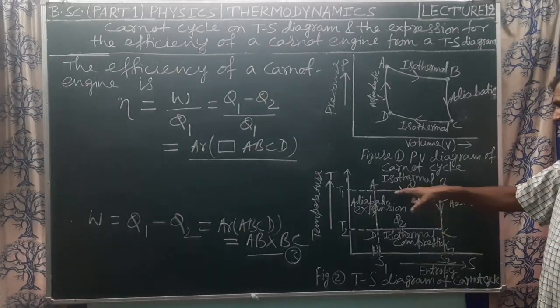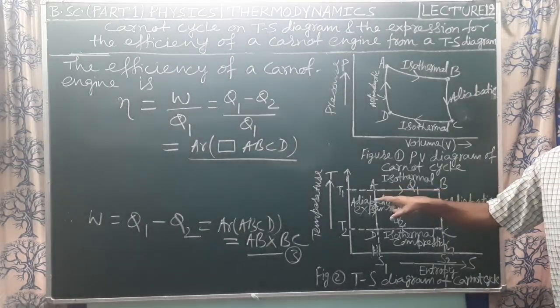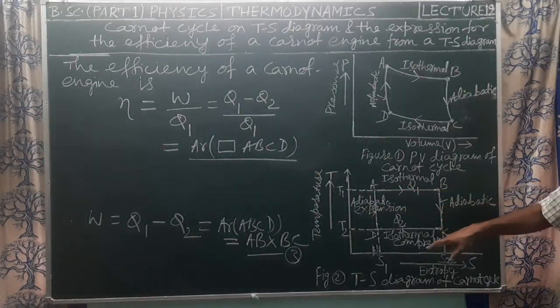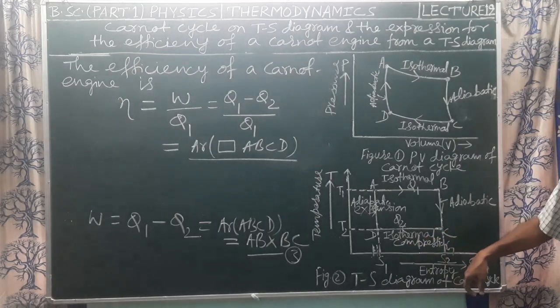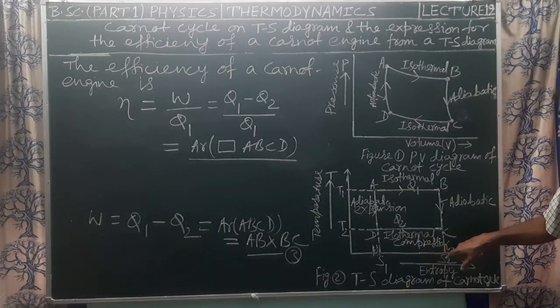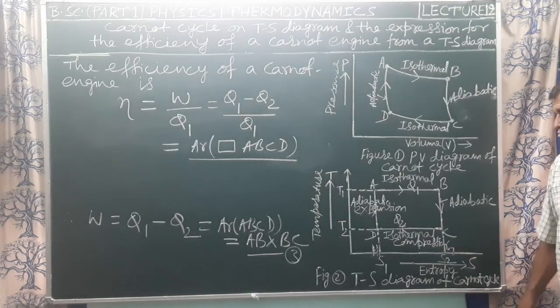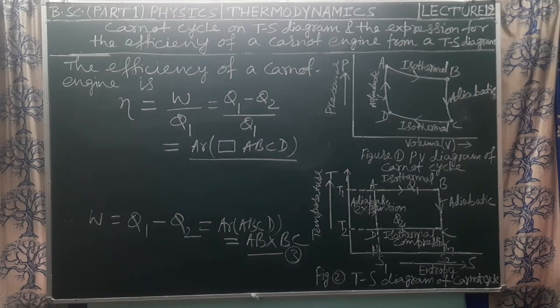It represents the area of the rectangle, where T1 corresponds to the side AH of the rectangle, while S2 minus S1 represents GH. So Q1 corresponds to the area of the rectangle ABGH.